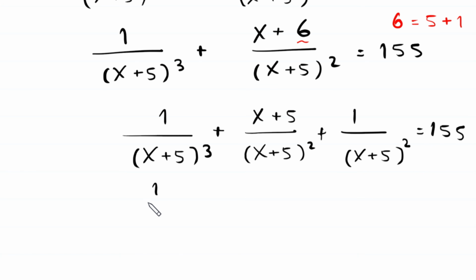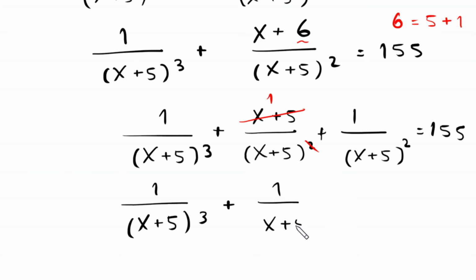Next, this x plus 5 will be cancelled out and this will become 1 over (x plus 5). We write this 1 over (x plus 5) whole squared plus this 1 over (x plus 5) equal to 155.